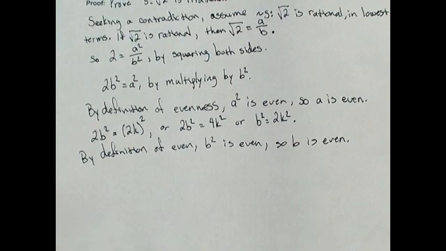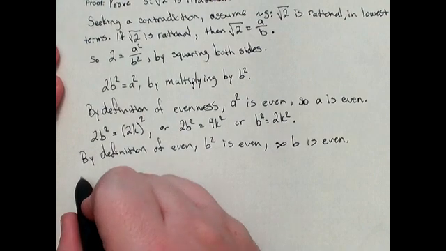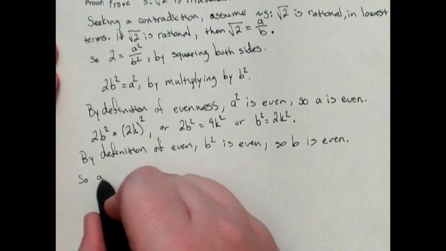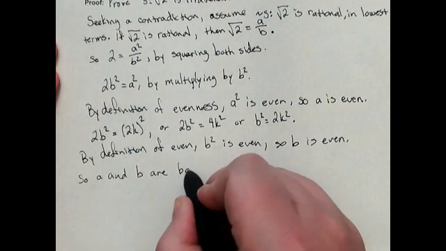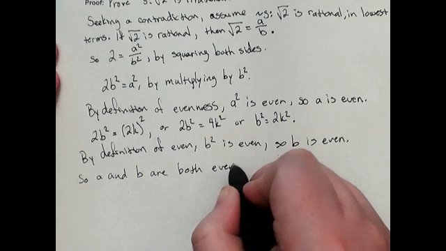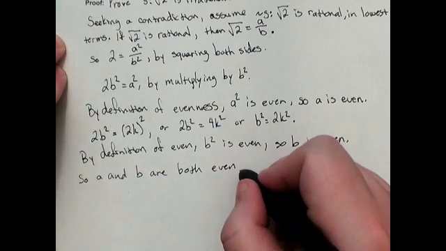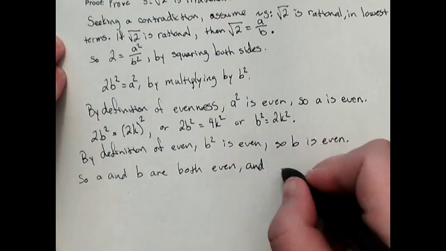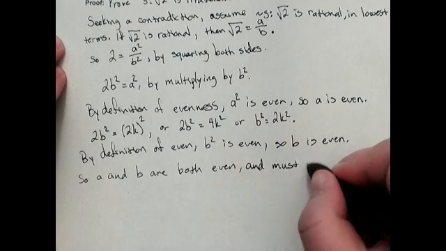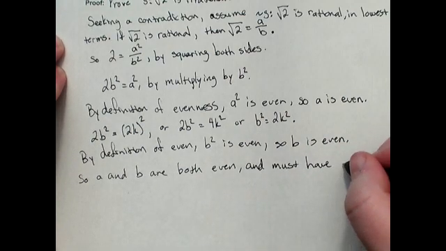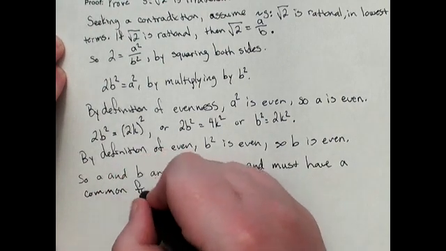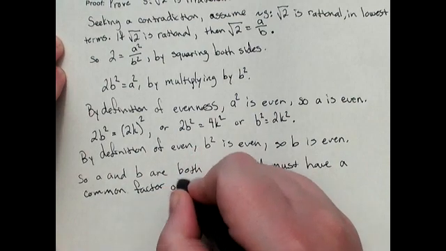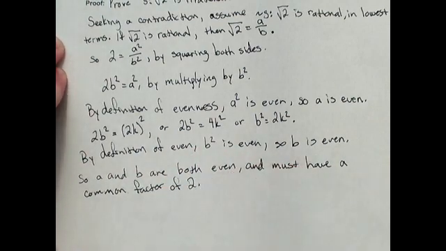Now what we've shown so far is that both a and b are both even and must have a common factor of 2, because any even number is always divisible by 2.